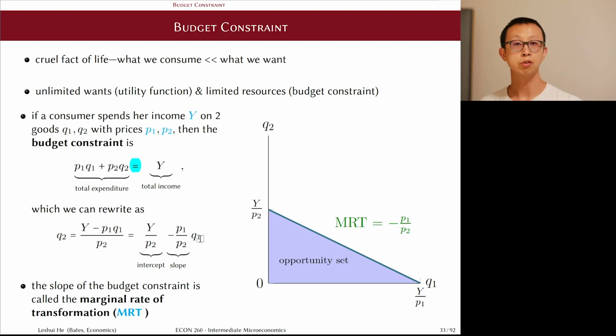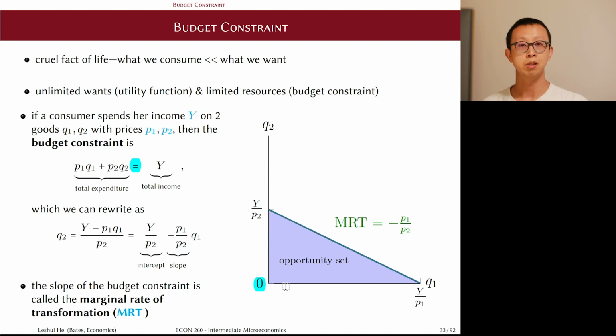Any combinations underneath this line would have been fine. For instance, I could have chosen 0 apples and 0 bananas, and then my total expenditure would just be $0. That's certainly less than the $10 I have, and it's totally feasible. Similarly, I can buy 1 apple and 1 banana, etc., etc.